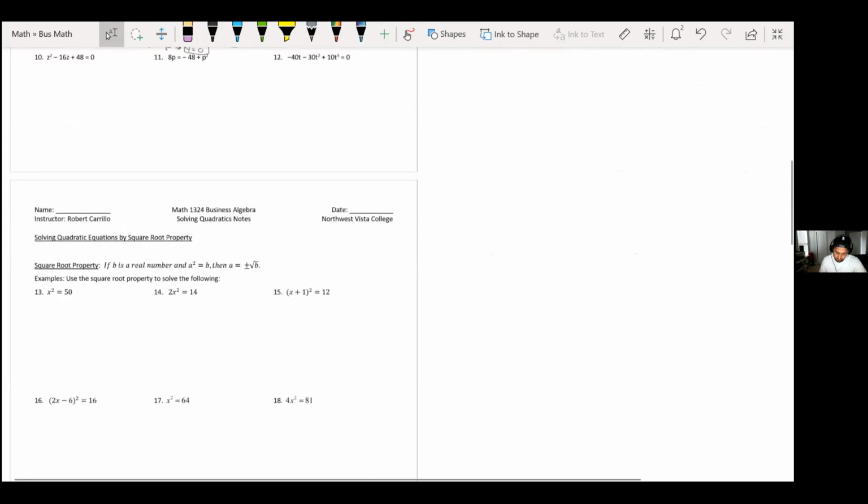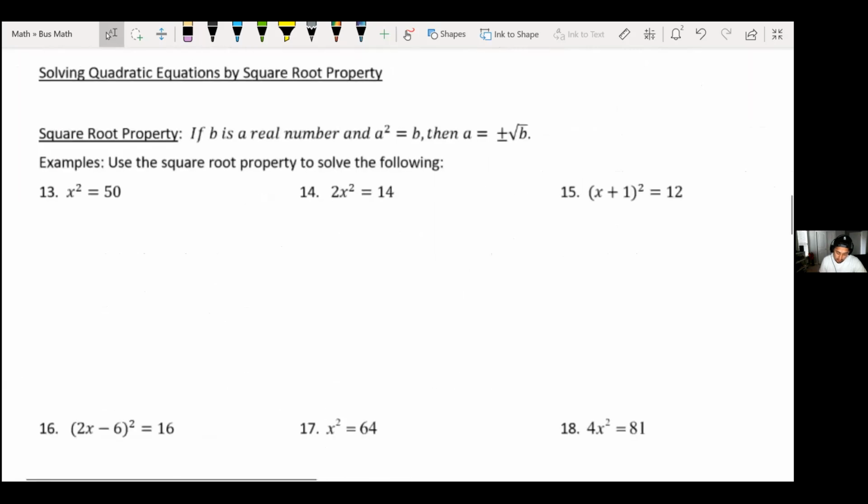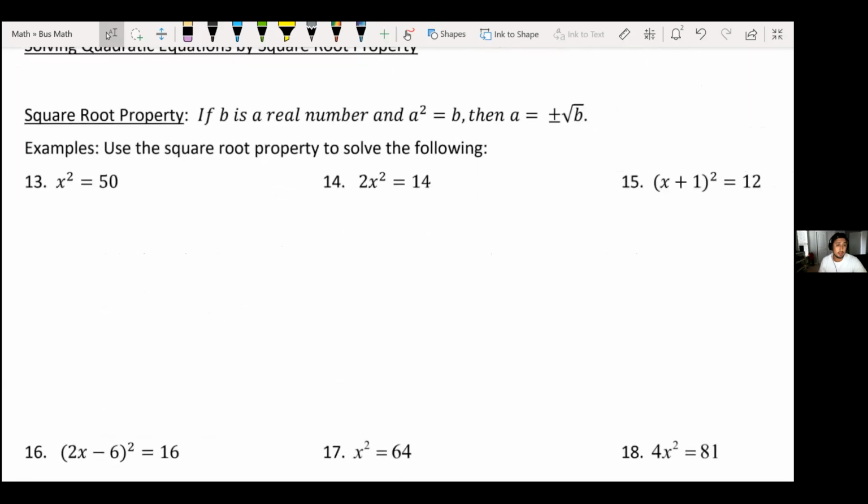Okay, let's move on. Now we get into the square root property. The square root property says if b is a real number and a squared equals b, then if you square root both sides, a would equal plus or minus the square root of b, as shown.